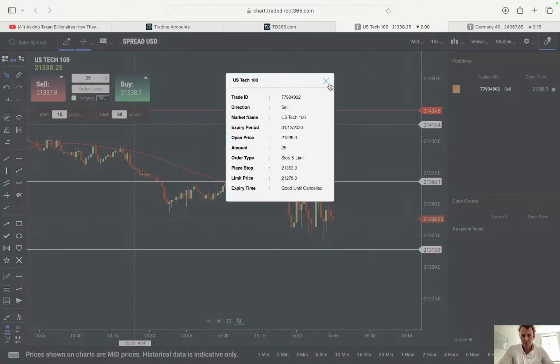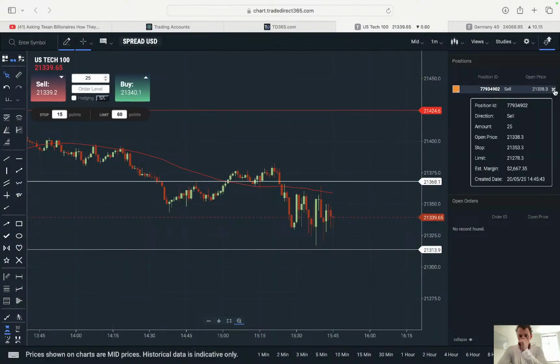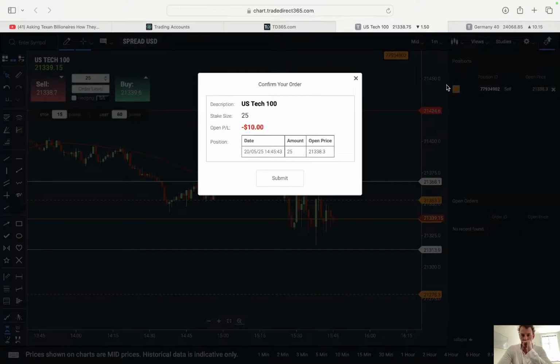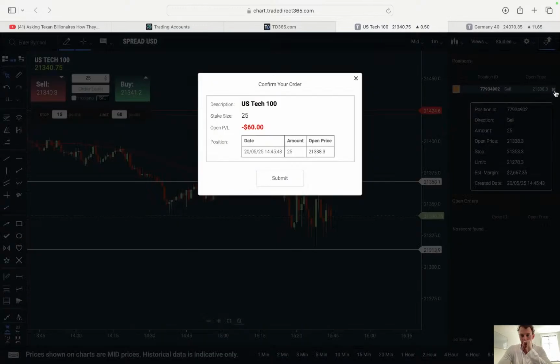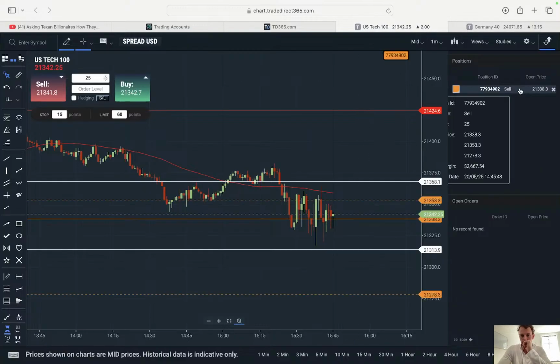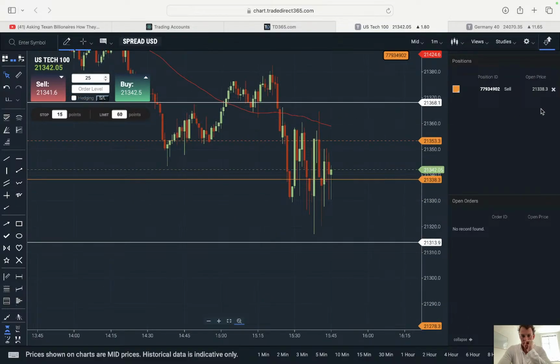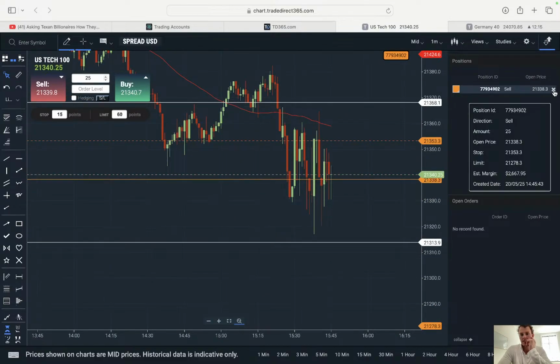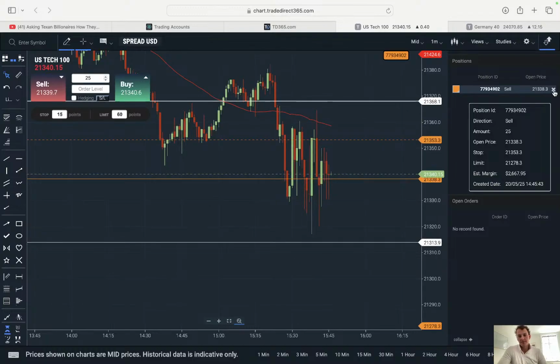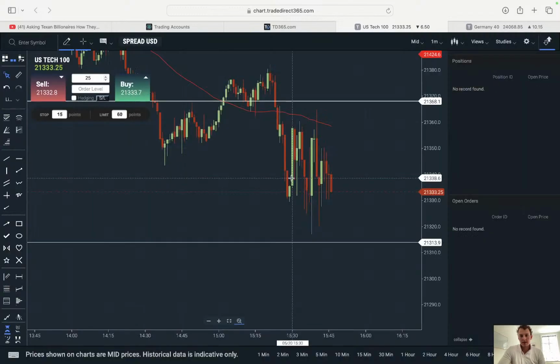I'll go for another light short position again here. Might just take 10 points. Let's see. I'll exit that one here at 30.